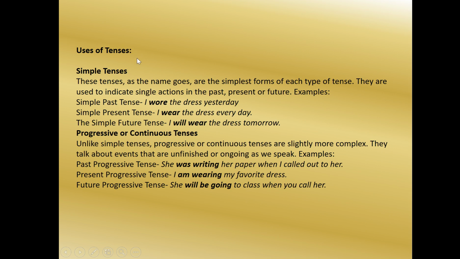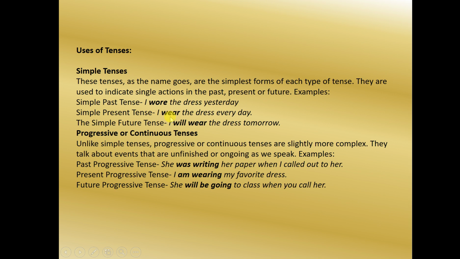Uses of tenses. Simple tenses. These tenses, as the name goes, are the simplest forms of each type of tense. They are used to indicate single actions in the past, present or future. Examples for simple past tense, I wore the dress yesterday.